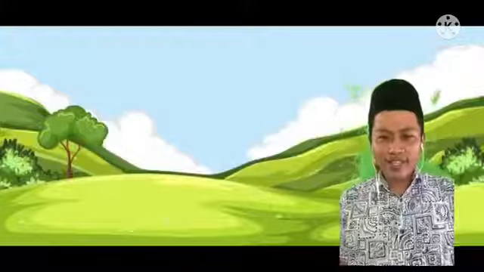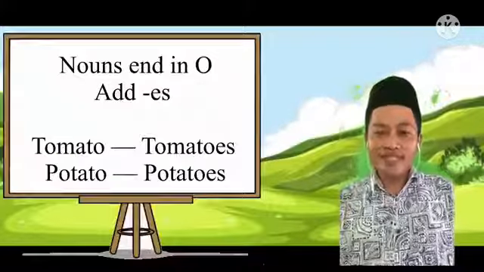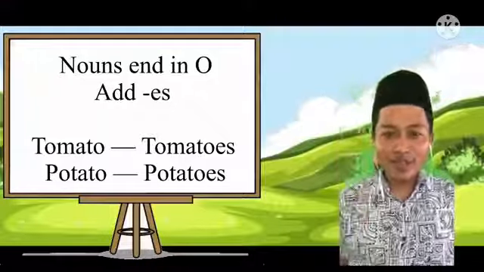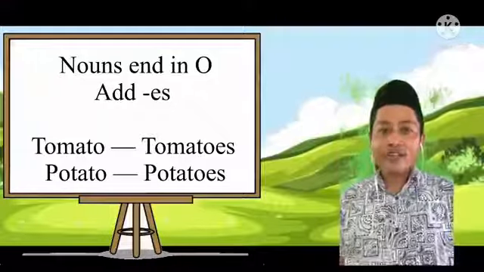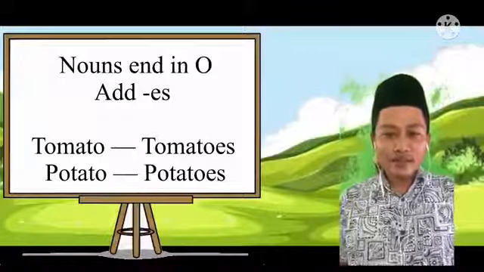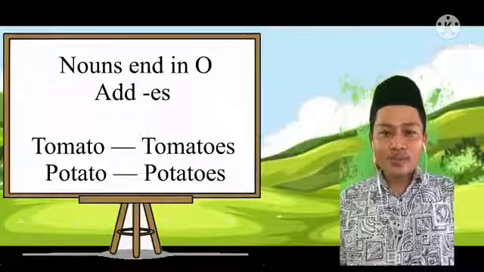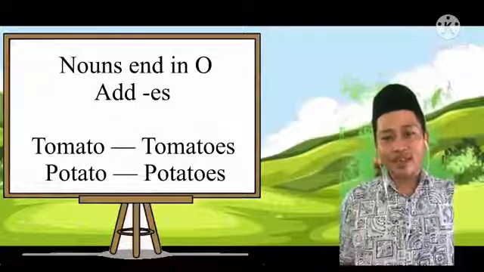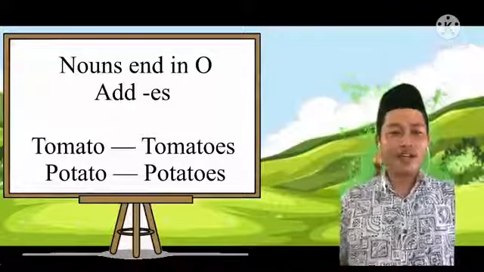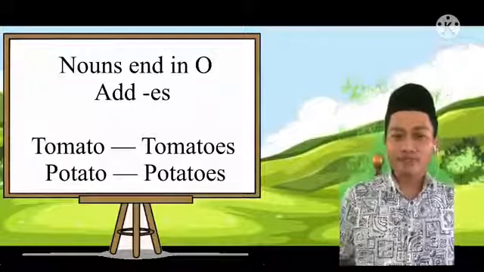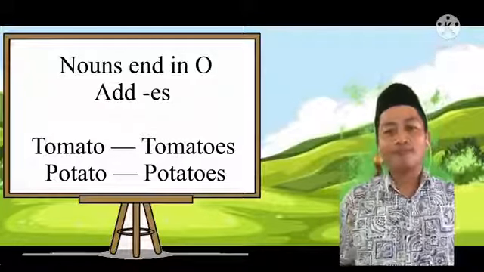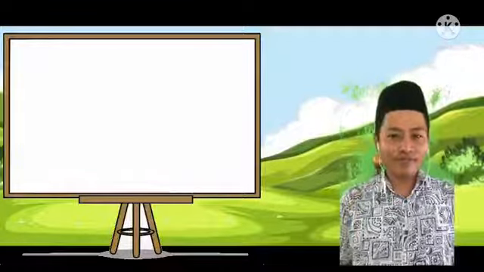Okay, for the next part is the singular that ends in o. There are three patterns here. The first, the word that ends with o is added by es, like tomato becomes tomatoes, potato becomes potatoes.